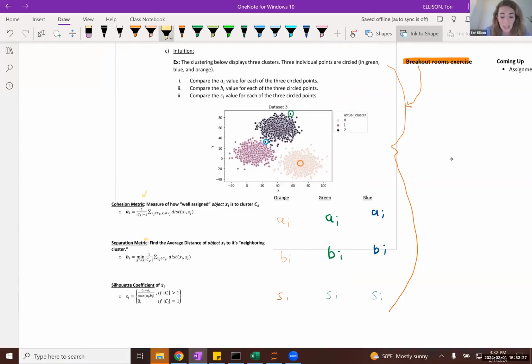So we discussed that there's a variety of different ways in which we might go about measuring cohesion and separation of a given clustering or the clusters within a clustering. One of those techniques is to use what we call graph-based definitions of separation and cohesion.